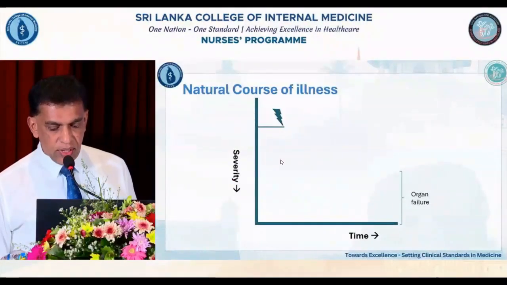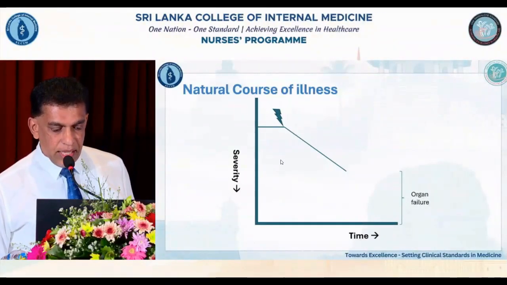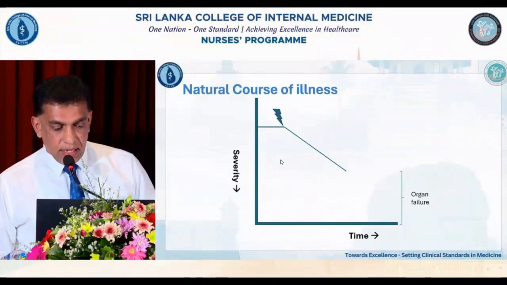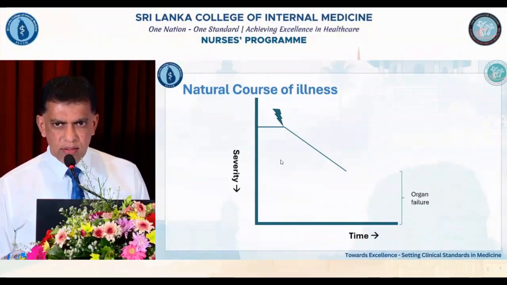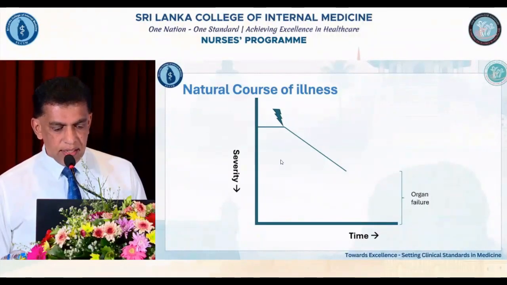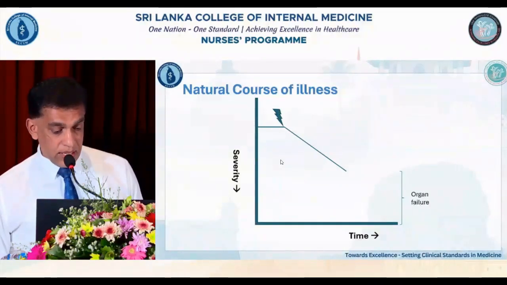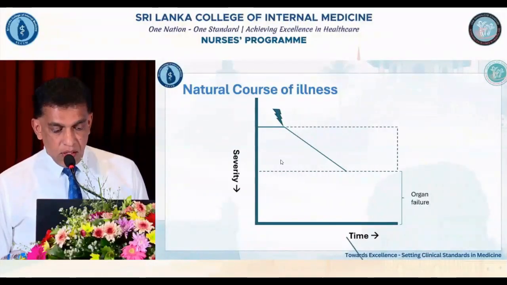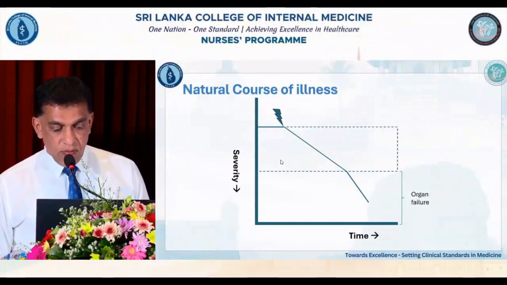If you look at the natural course of illness, you see the y-axis and the x-axis. The severity of the disease increases as you go down the y-axis, and there is a timeline. Usually after the initial insult, the patient's severity increases, and you can see the steepness suddenly increases.